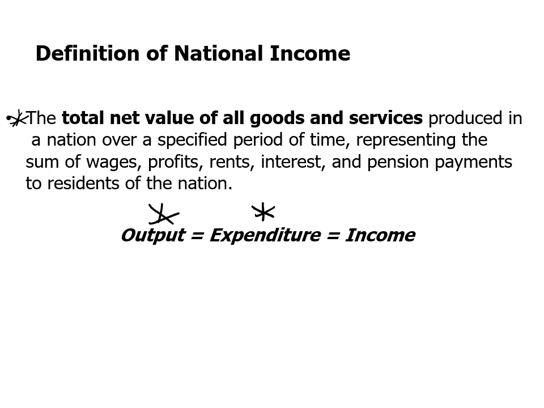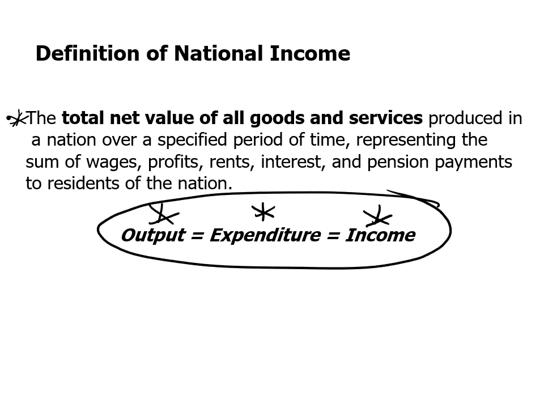Or we could measure this by income. So income measures all of the earnings in the economy. For example, the income earned by companies, corporations, employees, and the self-employed. All right. However we measure national income, it should give us the same answer. So our output should be equal to our expenditure, and that should be equal to our income.